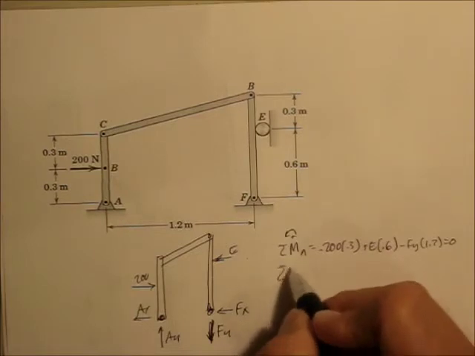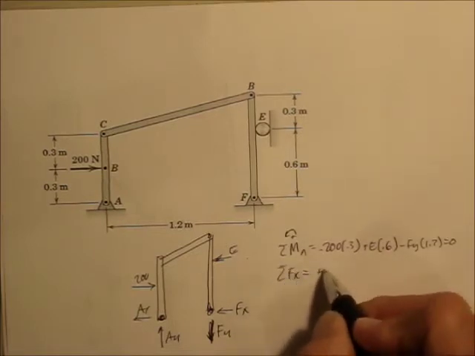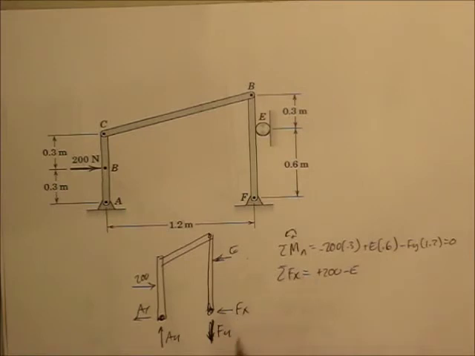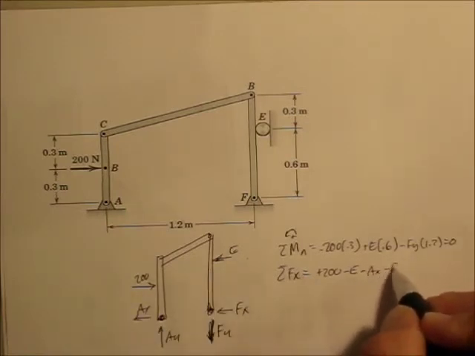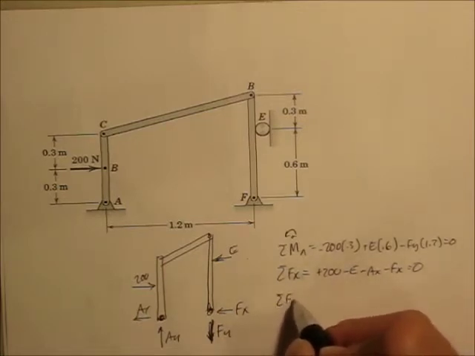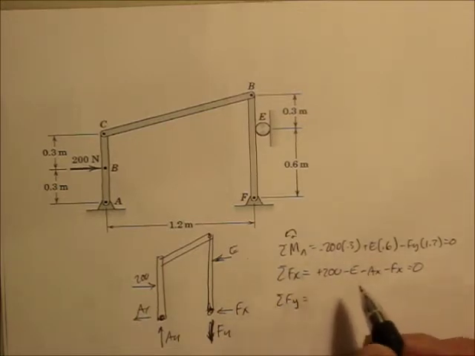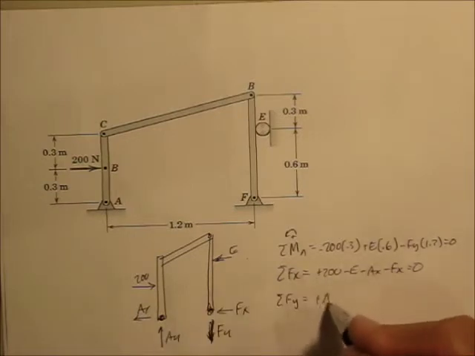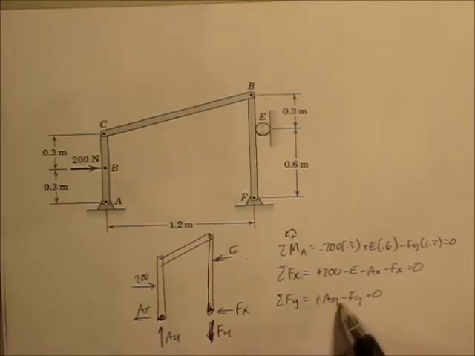So let's sum the forces in the x direction. We have plus 200 minus E, those are those two forces, minus AX minus FX equals 0. Still two unknowns. Actually, I just introduced two new unknowns, so I've got four unknowns. Let's try the sum of forces in the y direction equals 0. So you've got plus AY minus FY equals 0. That introduced yet another unknown. So I've got three equations and five unknowns.